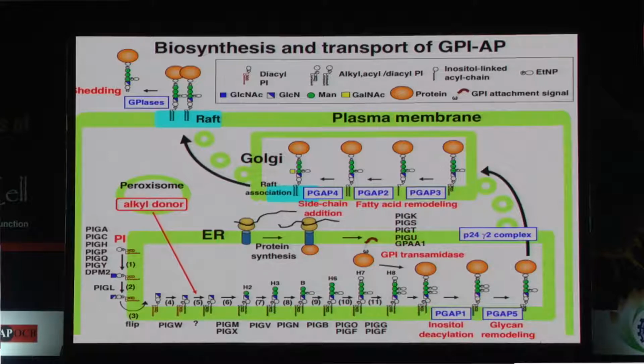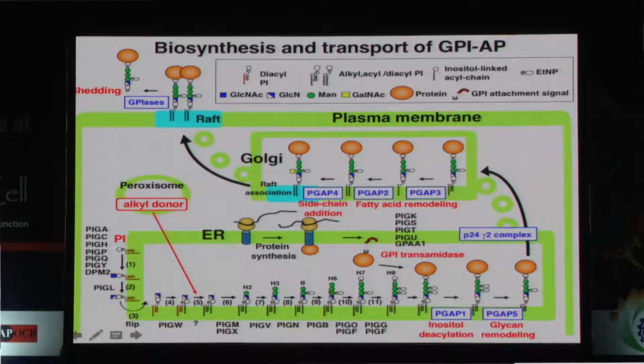And this shows how GPI-anchored proteins are generated in the cell and how they are transported to the cell surface. The GPI biosynthesis occurs in the endoplasmic reticulum. The precursor proteins and the GPI glycolipid are separately synthesized on the ER membrane. The precursor proteins are translated and transported into the ER lumen, and have a GPI-anchor attachment signal sequence at the carboxy terminus.